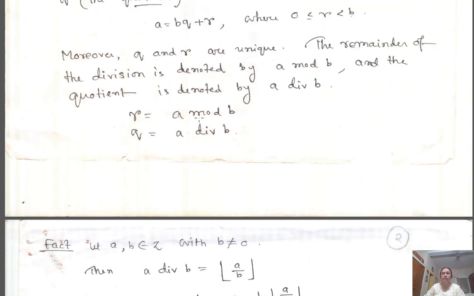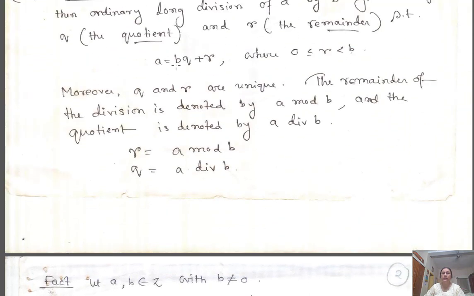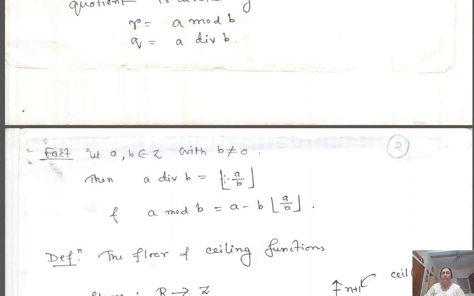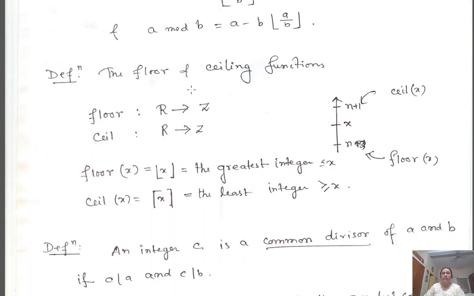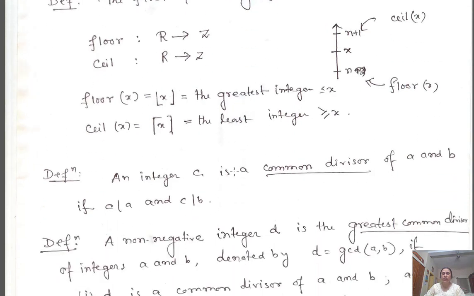So this remainder r can be written as a minus bq, where q is a div b, meaning the integer part. This is essentially the quotient q, and this is the remainder. And the ceiling and floor functions, you already know these things. I will not discuss this.